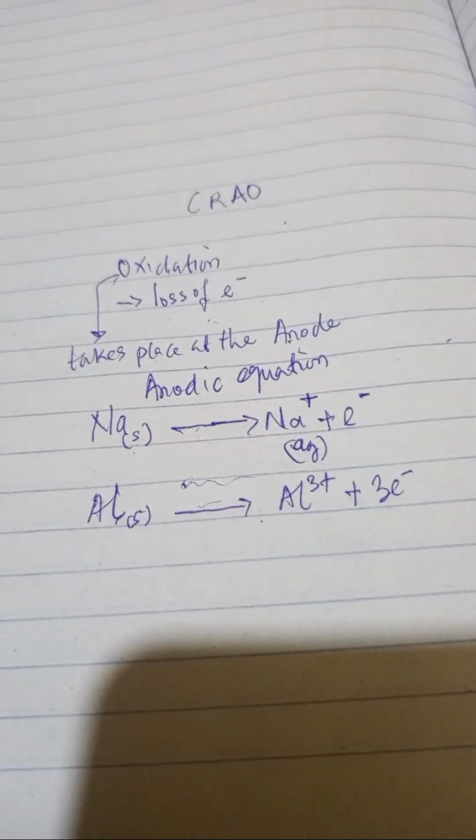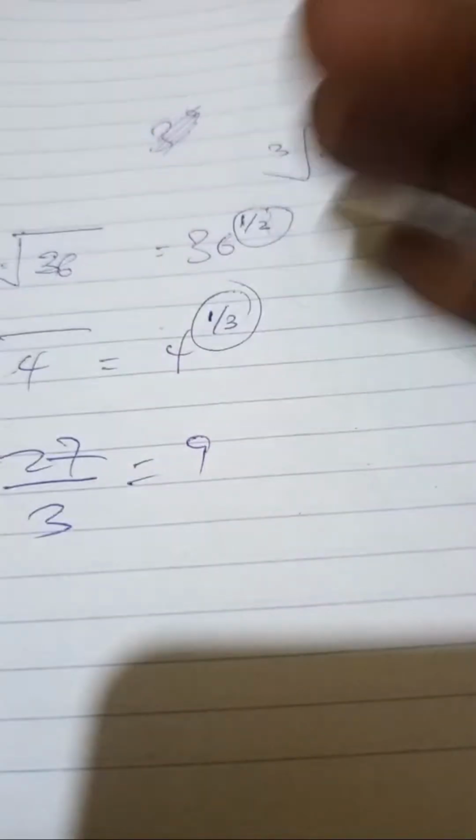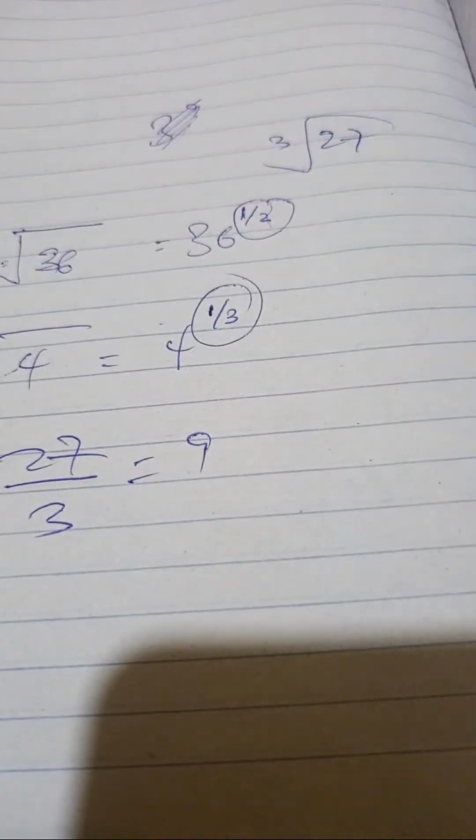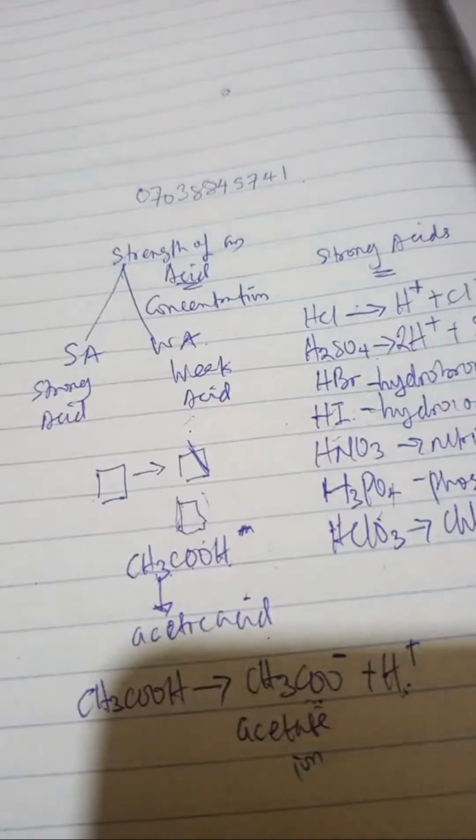But before you can know that, you have to talk about cations and anions. A cation is a positive ion. Once an atom loses electrons, it becomes positively charged.